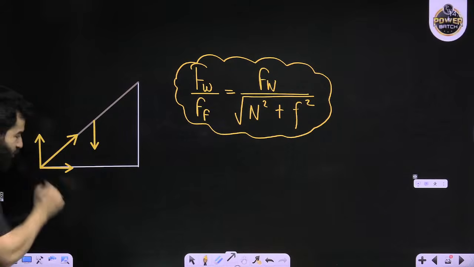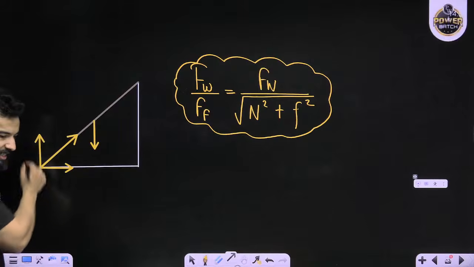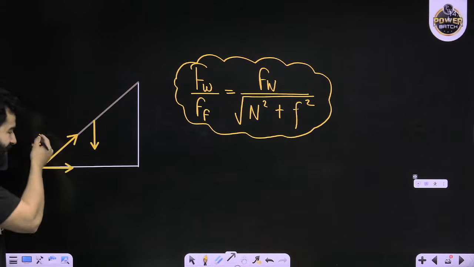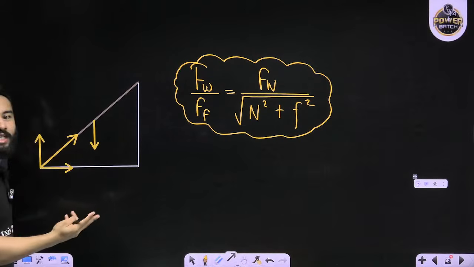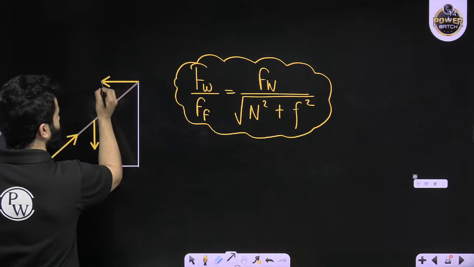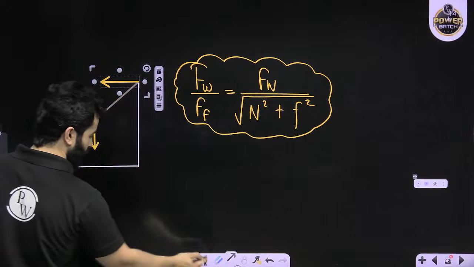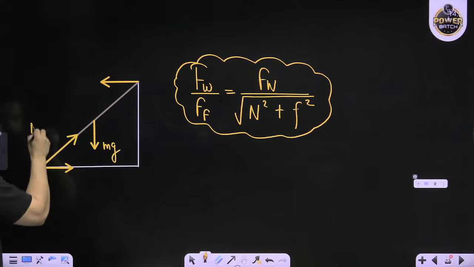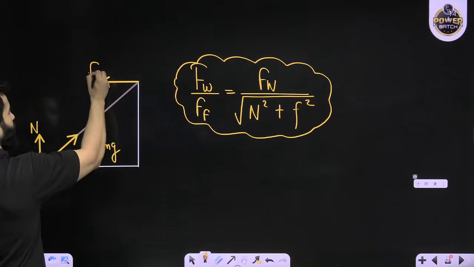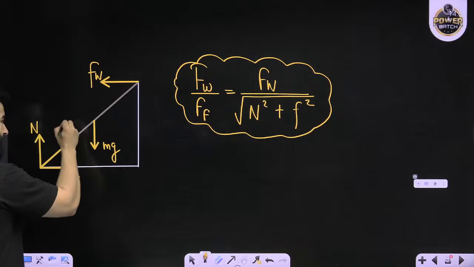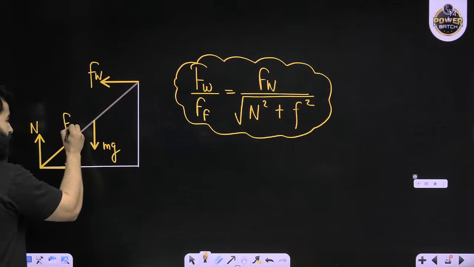This is the concept that we have done in friction. These are simply the two components of those reaction forces. And another reaction force will be drawn something like this. So this is mg, this is normal reaction, this is reaction by wall, this is friction force, and this is your F floor.